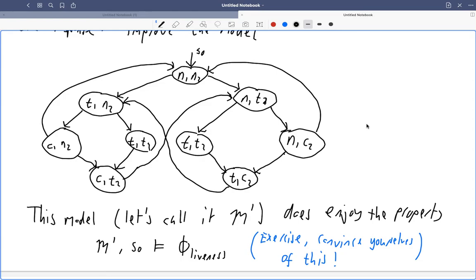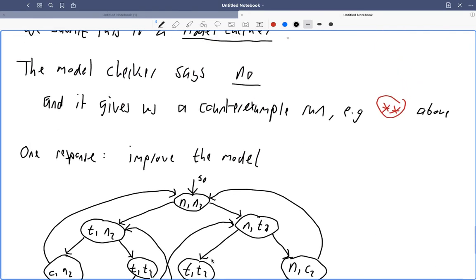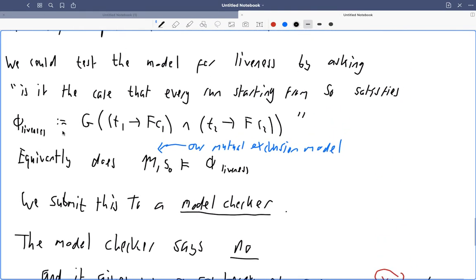Just one other remark about this. So here I'm talking about phi liveness. The point is this formula is stating a liveness property, this particular one, that is relevant to this particular example of mutual exclusion. Liveness is not just this property.